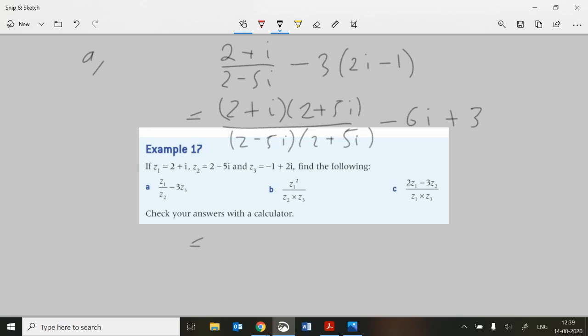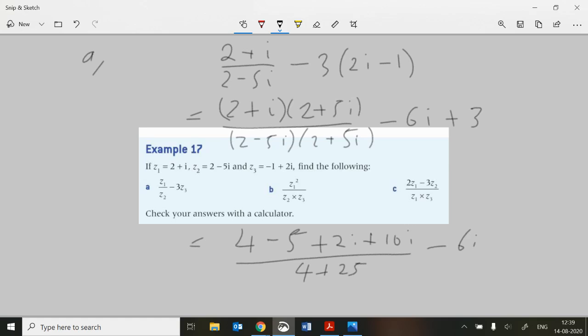Okay, so when we're timesing the thing out on the left-hand side here, we're getting 4 minus 5 plus 2i plus 10i, all divided by 2 squared. So let's just put in 4 there, and plus 5 squared, so plus 25.